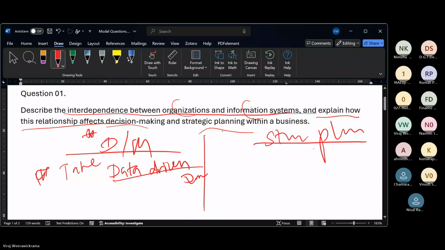Yes. Now, in the decision-making process, every day we are taking decisions. In every division, we are taking decisions. Then when you are using information systems, how can you improve the decision-making process? Yes.